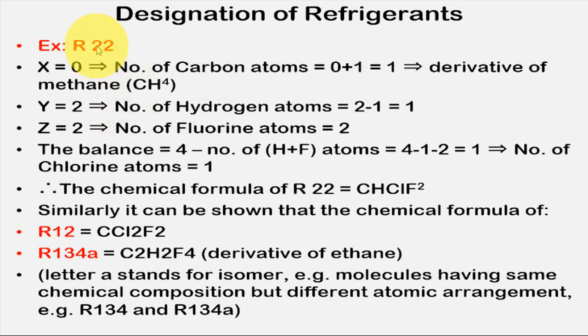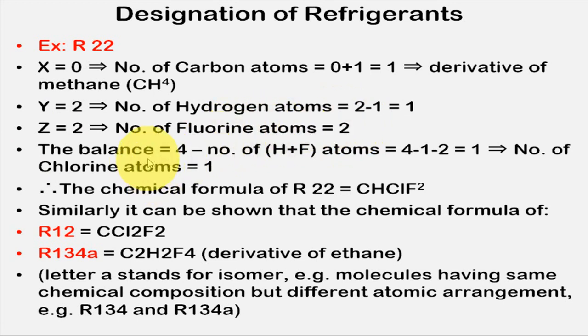Then Y is equal to 2. It indicates that the number of hydrogen atoms present in the refrigerant equals Y minus 1, so 2 minus 1 equals 1. So only one hydrogen atom is present in R22. Then Z equal to 2 indicates the number of fluorine atoms present in that refrigerant, which is 2.